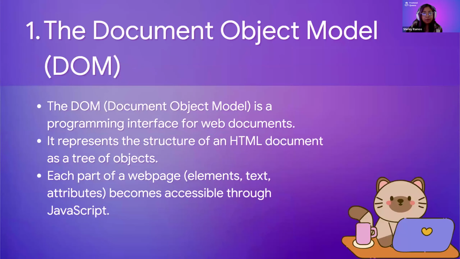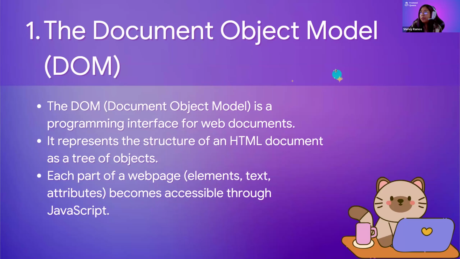So, I think everyone should hear about the DOM. And if it is the first time that you're hearing about this, no worries. It is really easy to understand what is the DOM, and it is really important for us to start learning JavaScript.